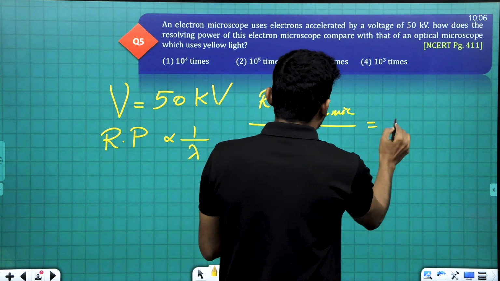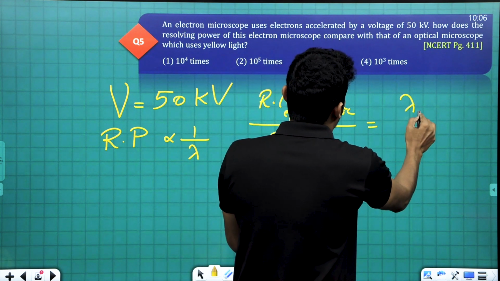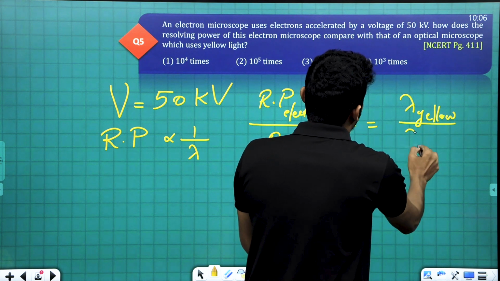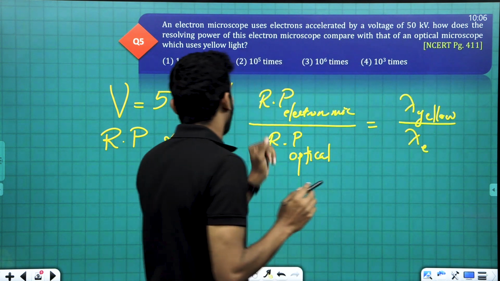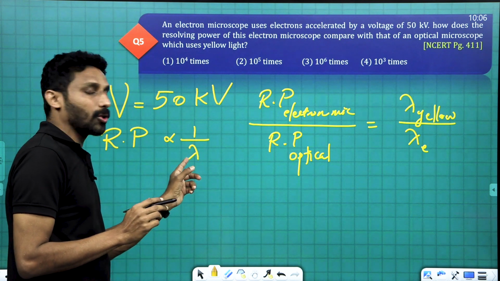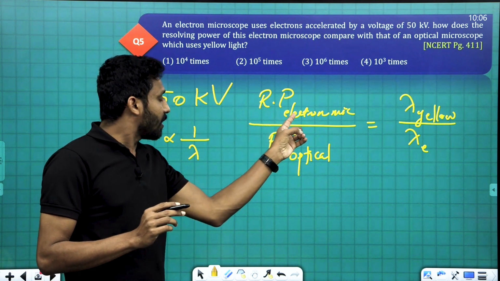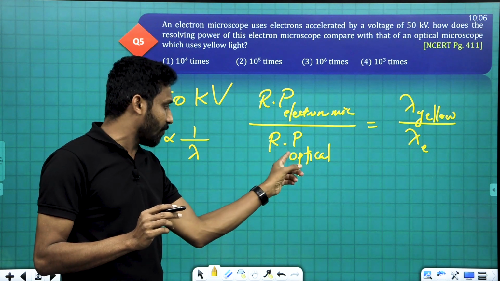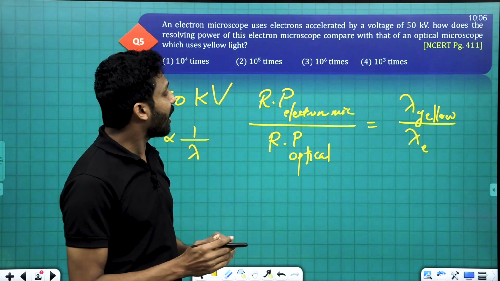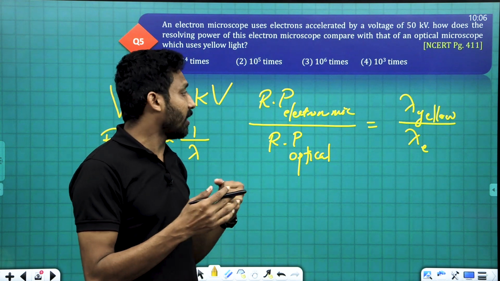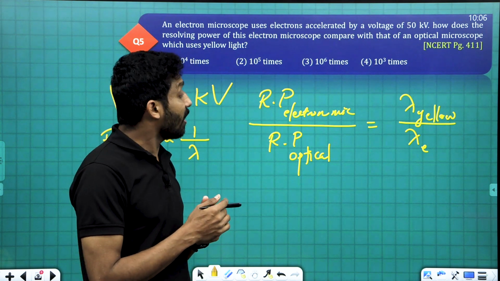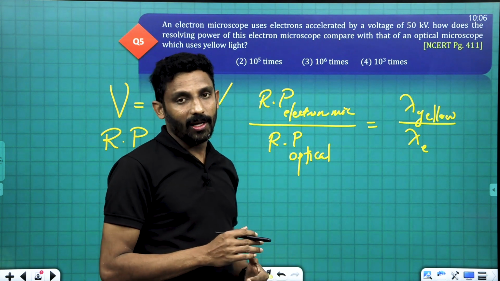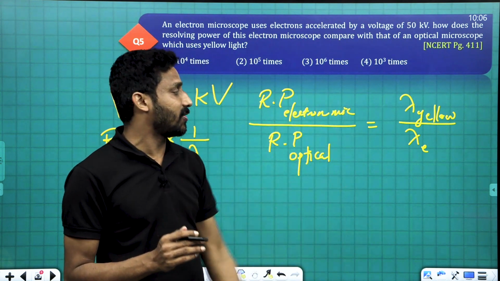This is equal to lambda of yellow light divided by lambda of the electron, since resolving power is inversely proportional to wavelength. Then that of the electron microscope divided by that of the optical microscope has the wavelength of yellow in the numerator divided by that of the electron. Clear? And the lambda of yellow, we can take as 600 nanometer, 590, 600 in that range.